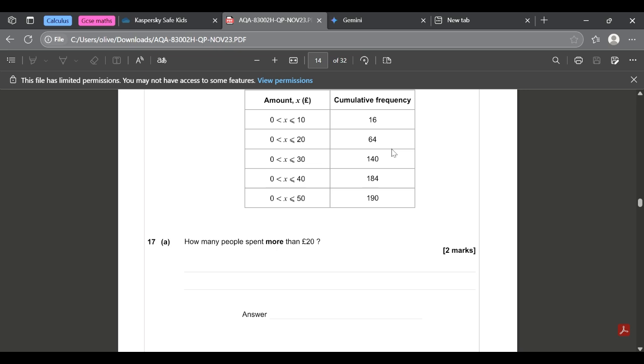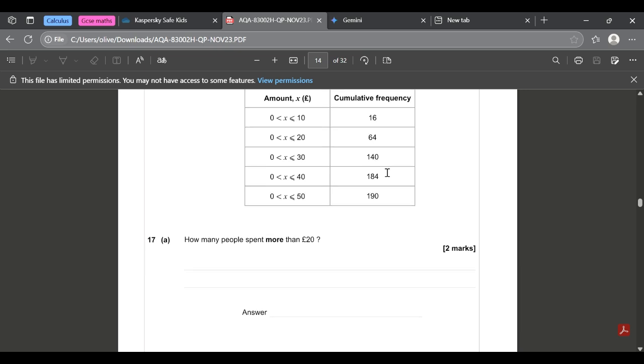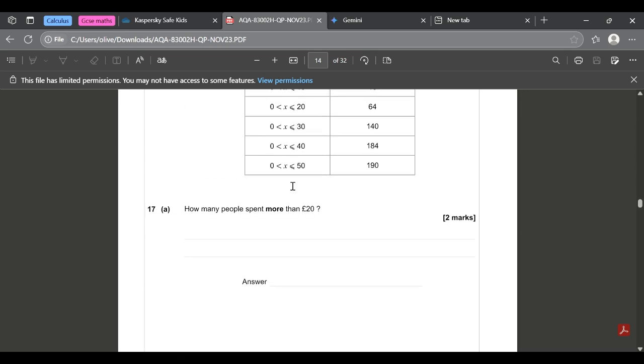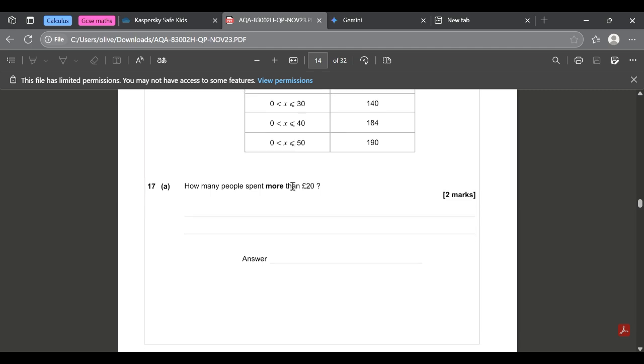So then we know that we have to do 190 minus 64, and we should get 126. Hopefully you got that as well.